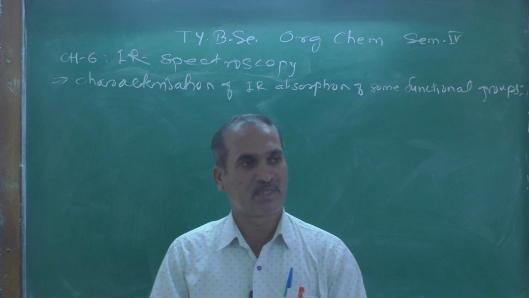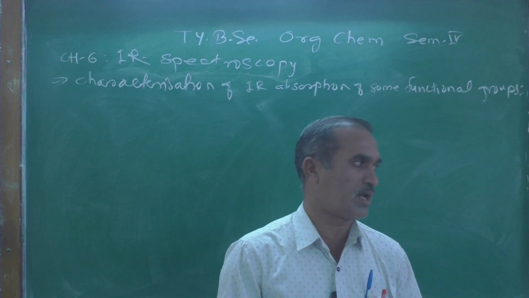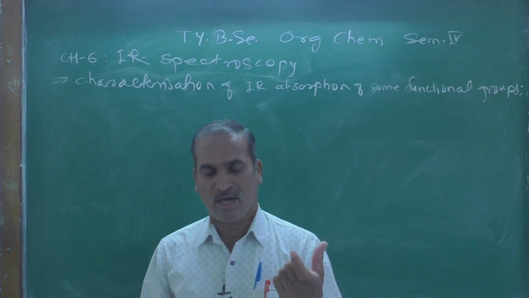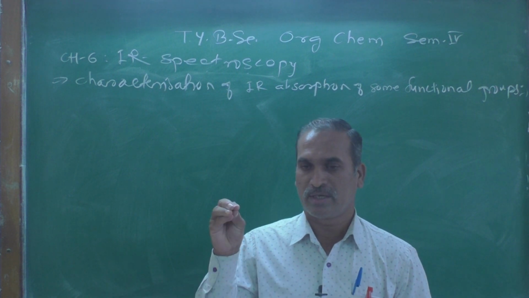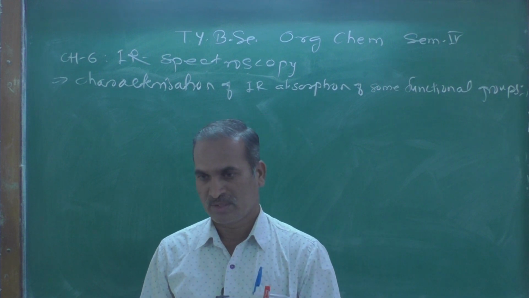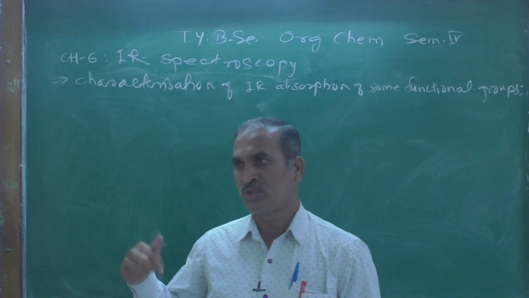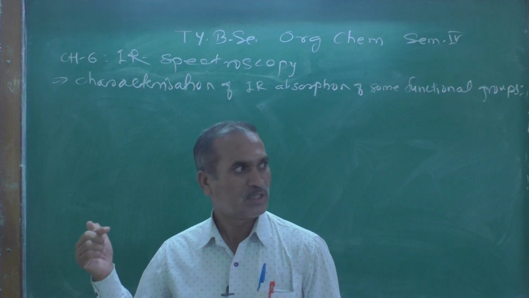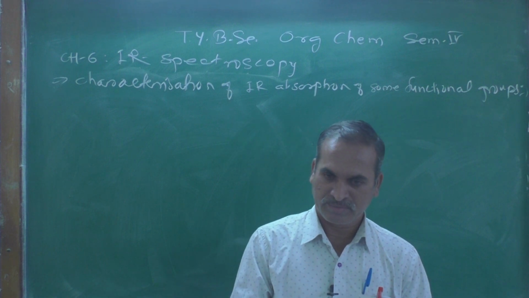If there are carbon-carbon triple bonds present, either carbon-carbon triple bond or carbon-nitrogen triple bond, the IR absorption band appears around 2100 to 2250 per centimeter.